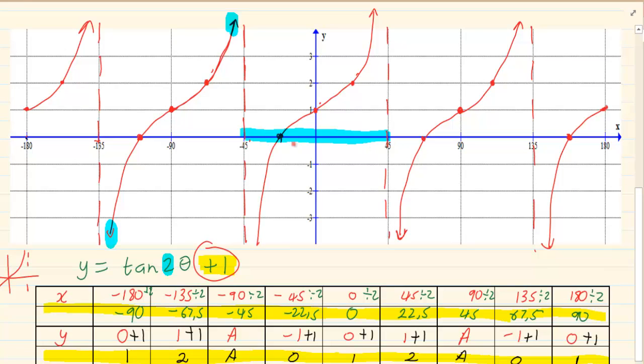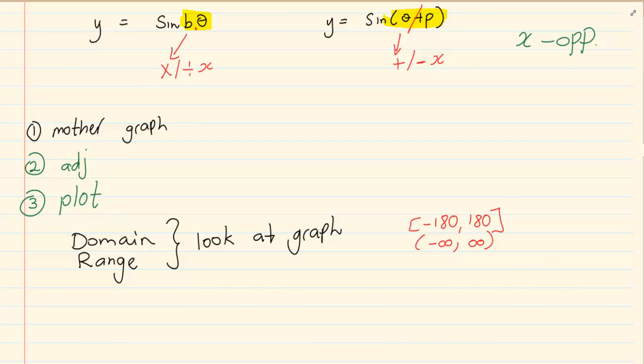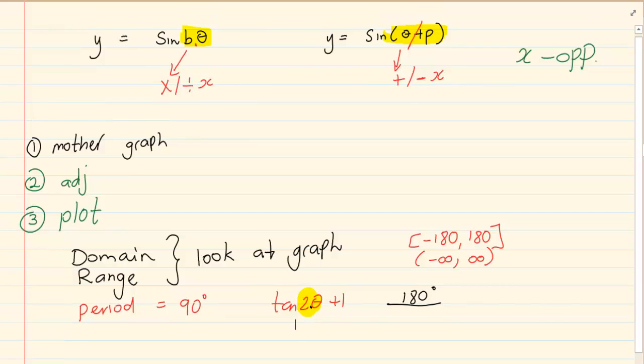Now we've discussed this. You can see it's moving from minus 45 to 45, which gives you a total of 90. Now look at what we did. We know it is tan 2 theta plus 1. The original of a tan is 180 degrees. Then we are going to divide it by the 2 because the relationship is multiply.